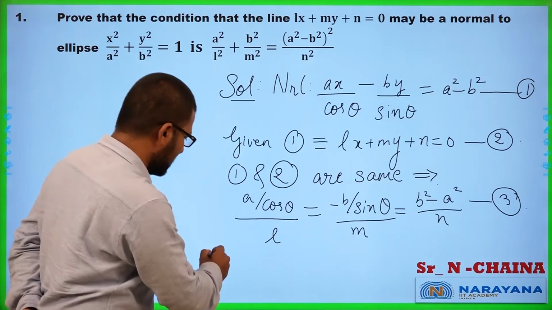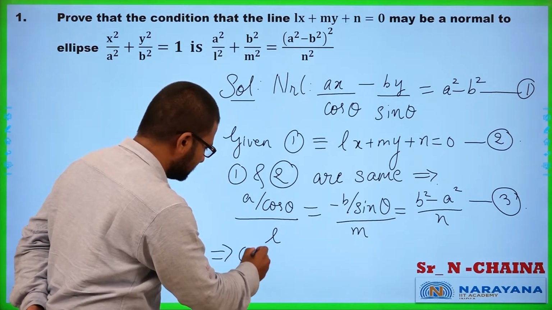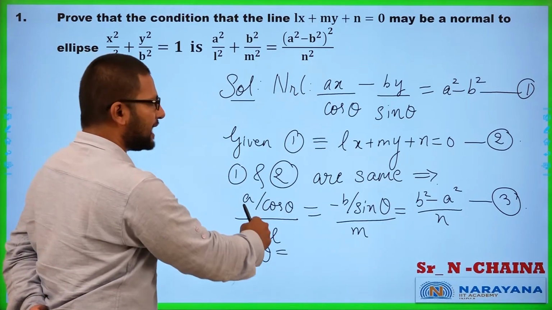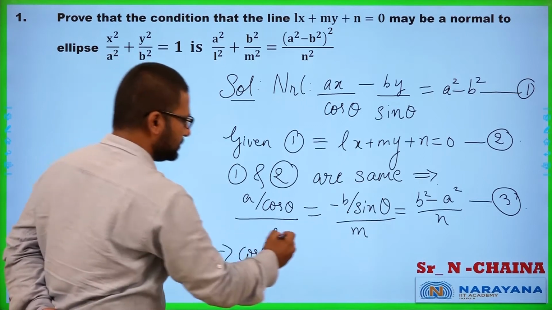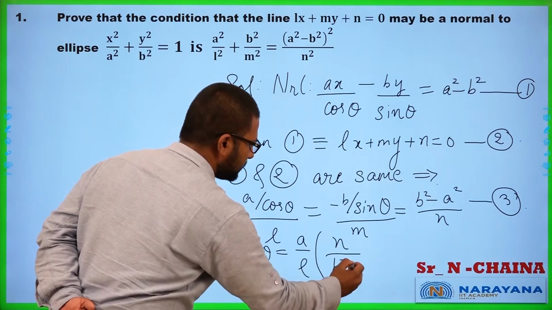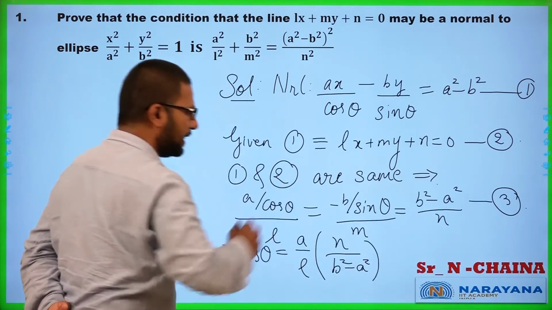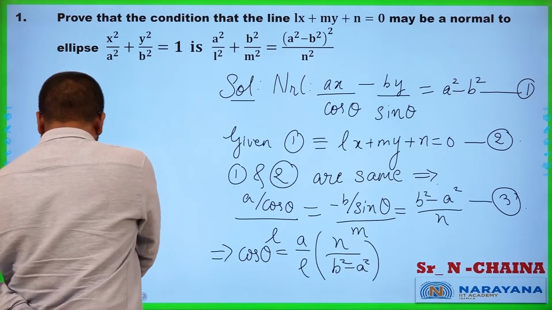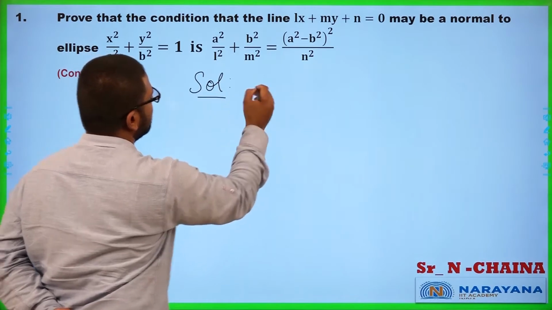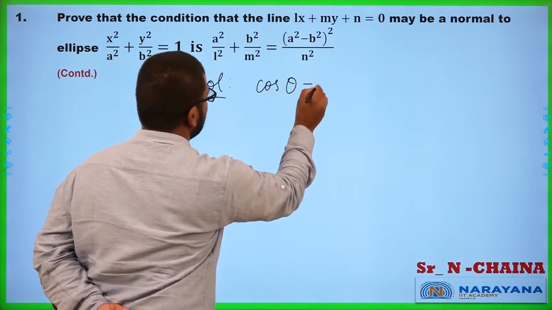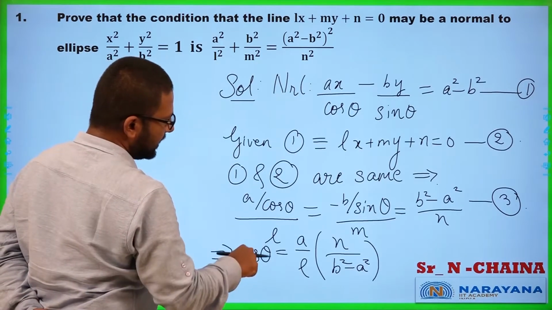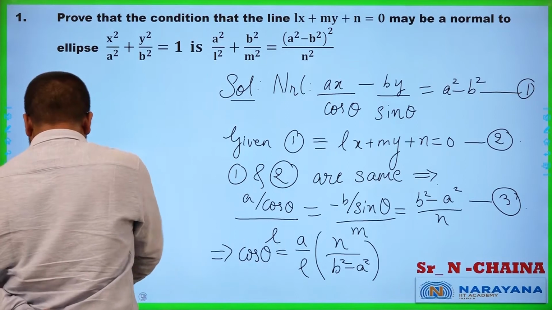So from this, can you tell me what is the value of cos theta? Cos theta is, you keep this here, take cos theta there and bring everything else here. So a by L into n by b square minus a square, correct? Let us carry that. Cos theta equal to a by L into n by b square minus a square.